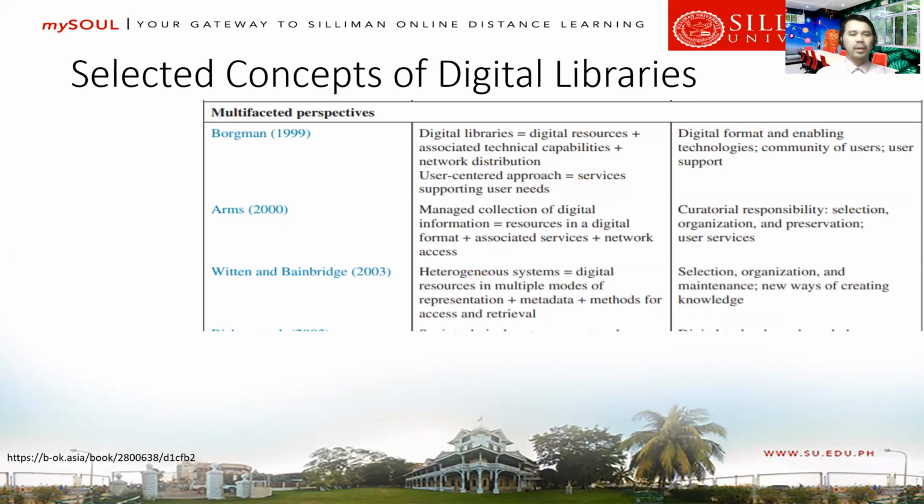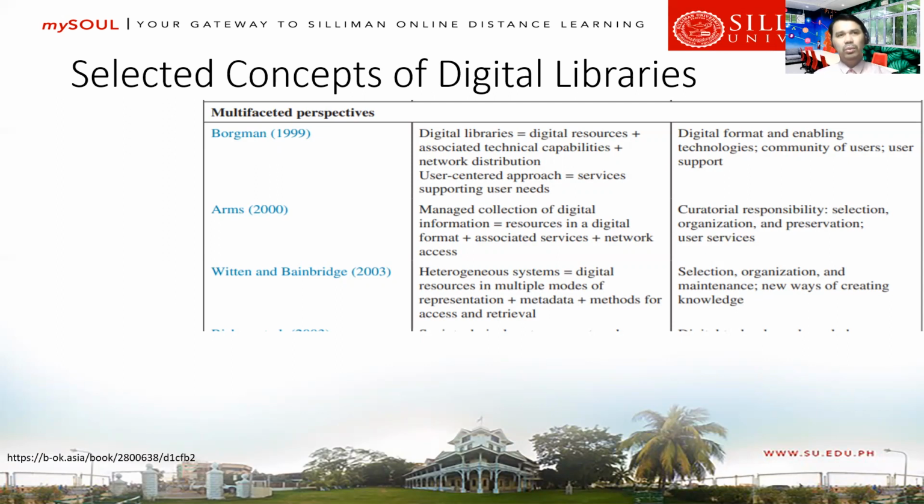Witten and Bainbridge, also in 2003, highlighted that in this concept, digital libraries must emphasize the selection, organization, and maintenance of information, and that there are new ways of creating knowledge.